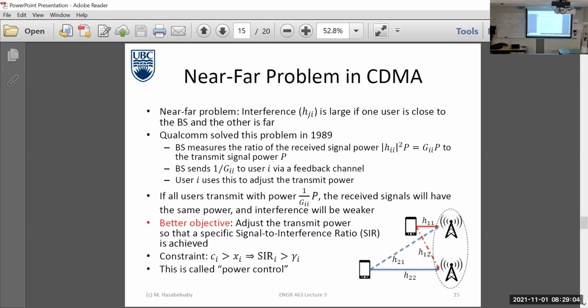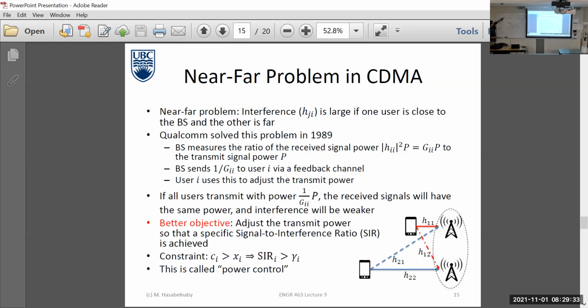What's your opinion? The interference parameter here will be small or large? Again, we are decoding the signal of user 2 at base station 1.